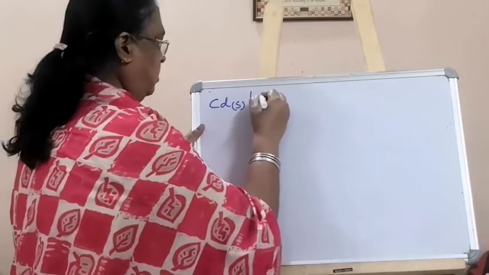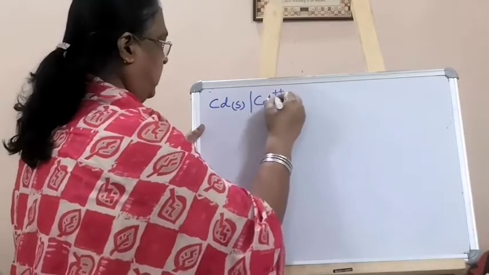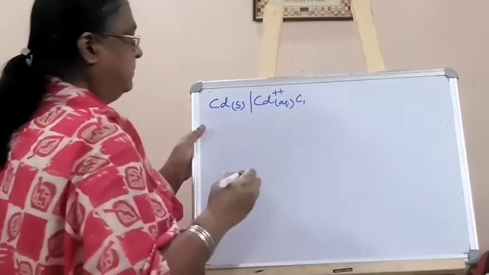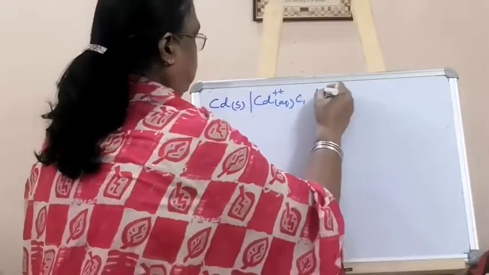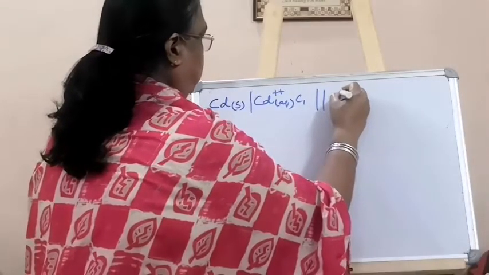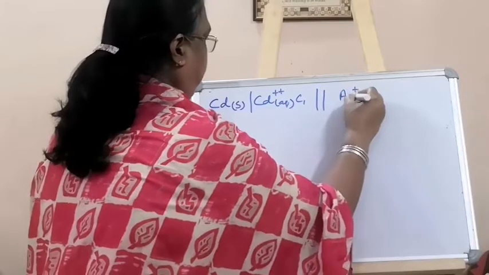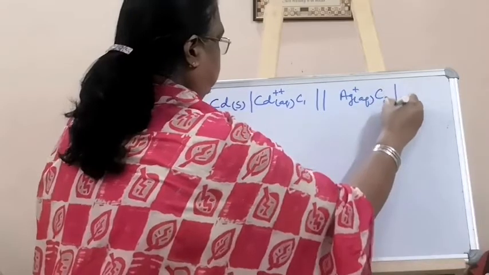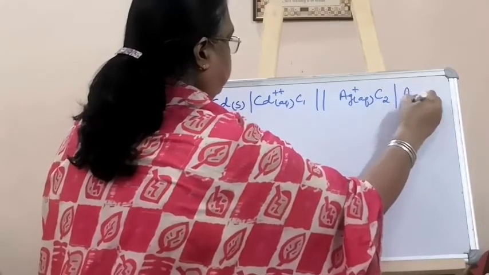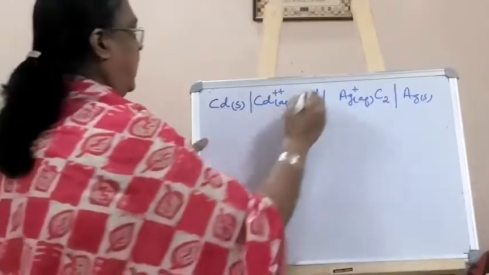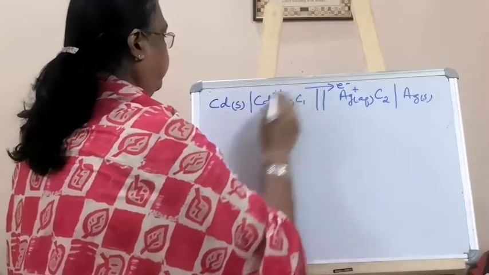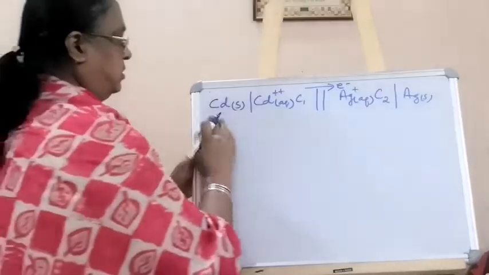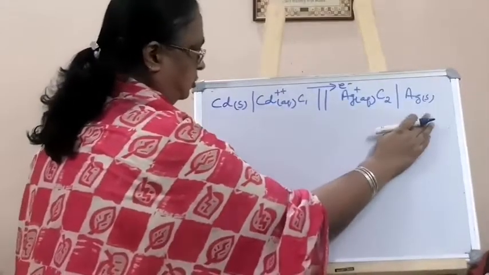Cadmium solid over cadmium ion aqueous, having concentration C1, separated by a salt bridge from silver ion aqueous having concentration C2, with an electrode of silver, and electrons are flowing from this half cell to that half cell. So this is anode, this is cathode.